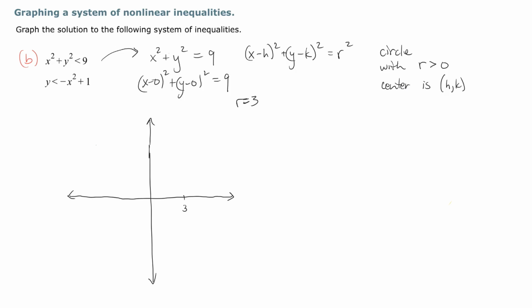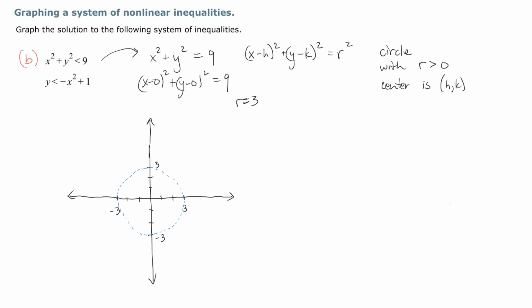You got 3 here, negative 3 here, 3 here, and negative 3 here. And then we simply connect the dots. Why don't we draw that circle? It's a dotted circle. There's no equal sign on the inequality, so it's dotted.